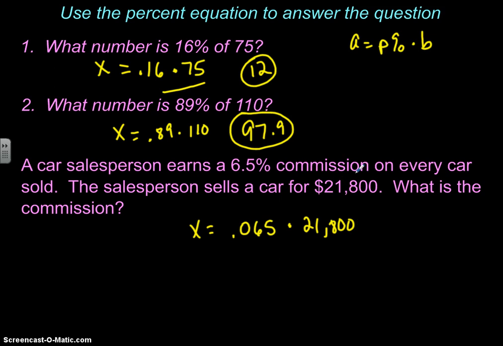Okay, so 21,800 times 0.065, and that should give us a pretty decent commission of 1,417. Okay, and that is dollars.